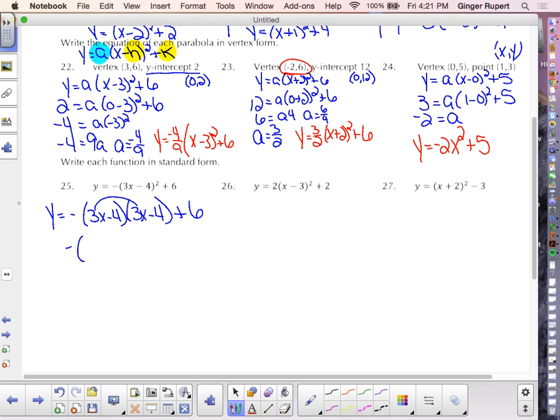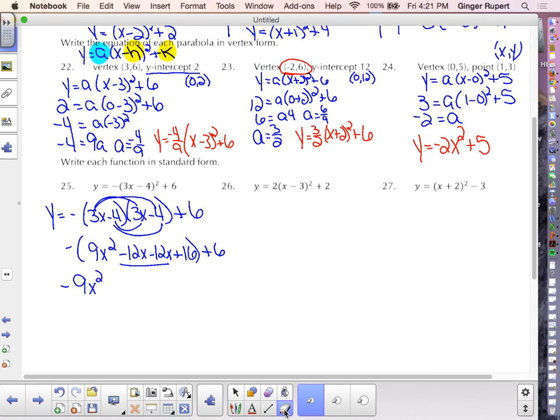FOIL, remember first, that's going to give me 9x squared. Outer, negative 12x. Inner, negative 12x. Last, plus 16, plus 6. Distribute that negative sign inside. Combine like terms first. Let me do that. I don't want you to skip that step and lose a sign.